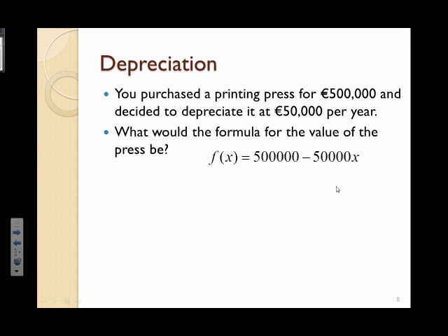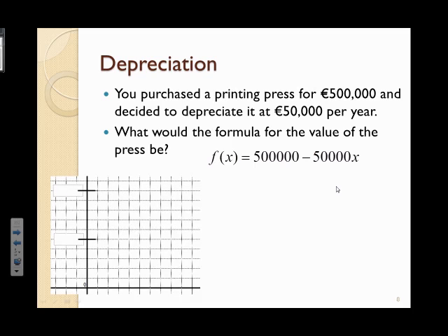And if we look at this, we realize, okay, well, let's go back and let's ask our questions. What's the importance of the y-intercept when we're working with this? Well, if we were going to graph this, we have the formula in the form of y equals mx plus b.